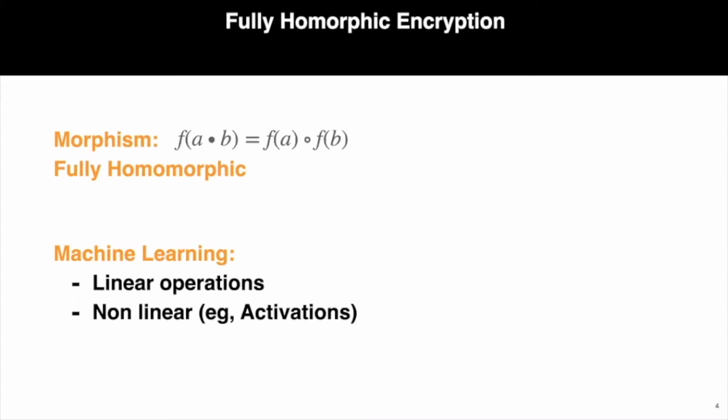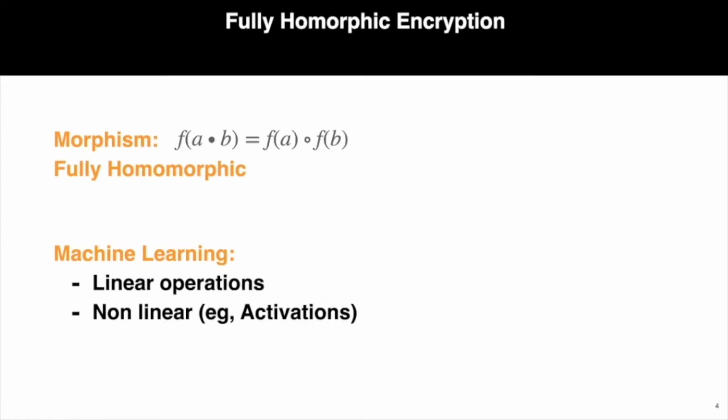So if you imagine that f is your encryption, and for example, a black circle is plus, you could see that the encryption of A plus B is actually something related to the encryption of A and encryption of B. So if you have just the encryption of A and the encryption of B, you can combine them with the white circle operation.